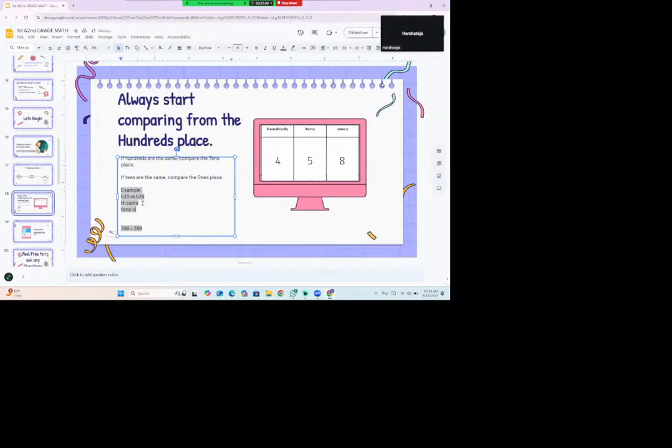They're both the same. And then we look at the ones place. 9 is bigger than 3. So 9 is greater than 3. This means 533 is less than 539.